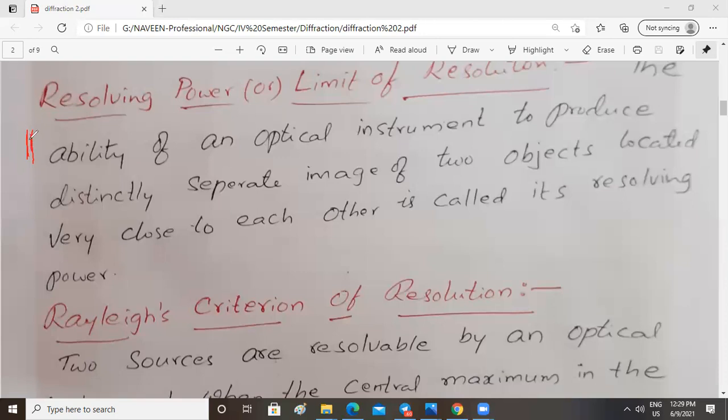We are seeing the diffracted images of these two lines through that optical instrument.